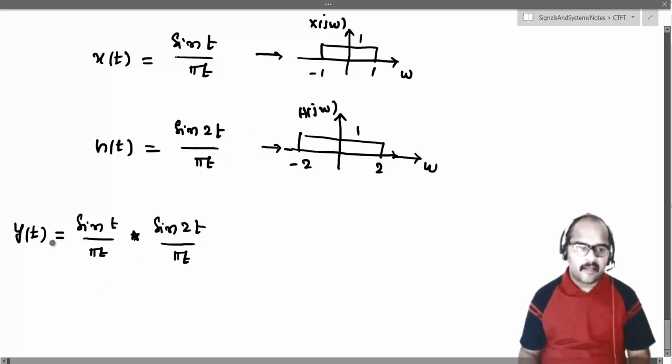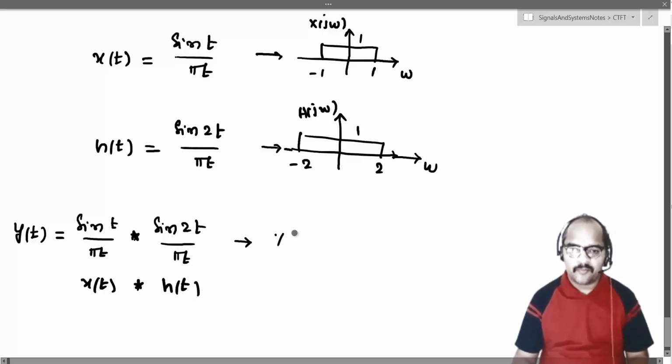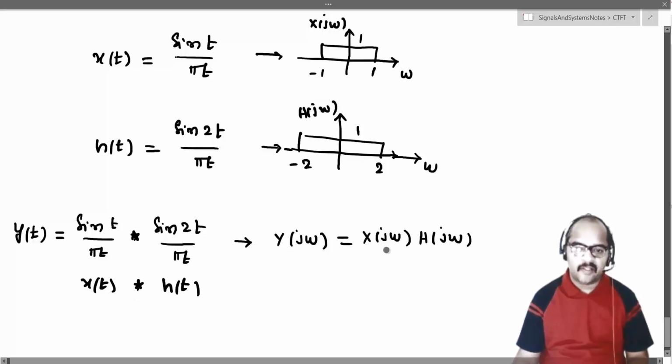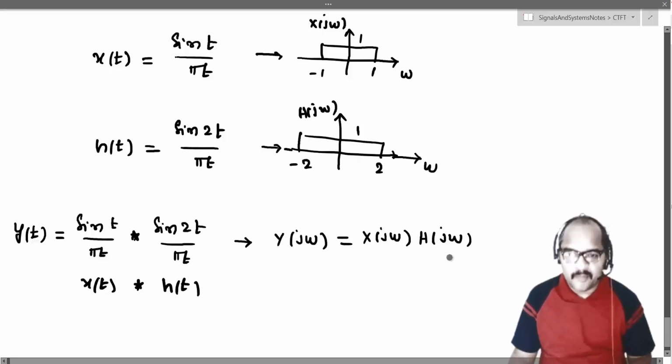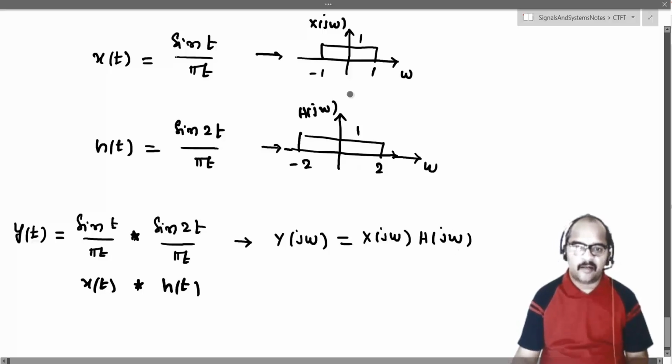So y of t is x of t convolved with h of t. What happens to the Fourier transform? y of j omega is equal to what? Because we are convolving in time domain, we have to multiply in frequency domain, which is x of j omega multiplied with h of j omega.